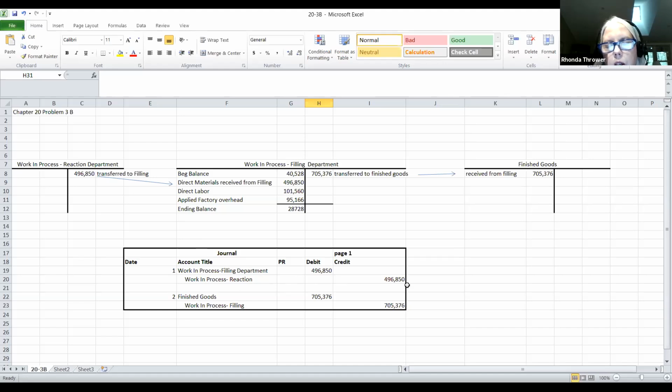We credited the reaction department for the amount of materials that we received in. We transferred out of our work in process by crediting it and put it into our finished goods by debiting it. That's this transaction right here. We have actually finished $705,376 of goods. And so that's how you do the journal entry.